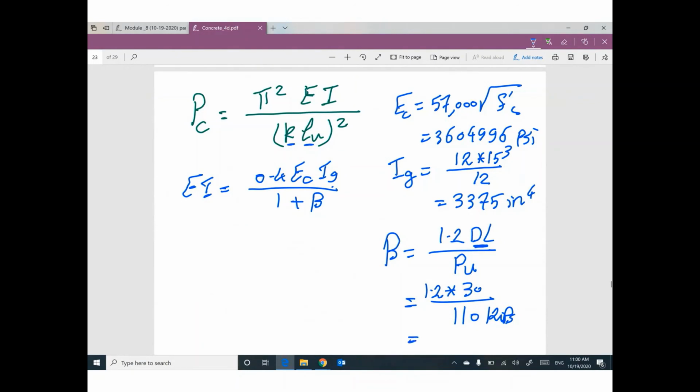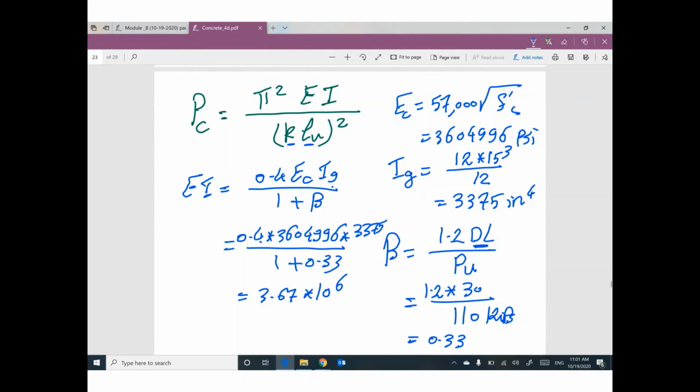I can figure out the value of beta. This one will be 0.33. So EI will be 0.4 times this value of E concrete times this value of moment of inertia, divided by 1 plus 0.33. So I can figure out the value of EI will be 3.67 times 10 to the power 6.